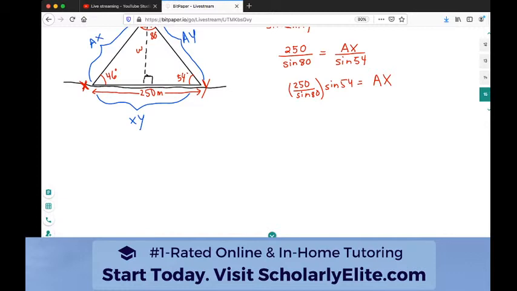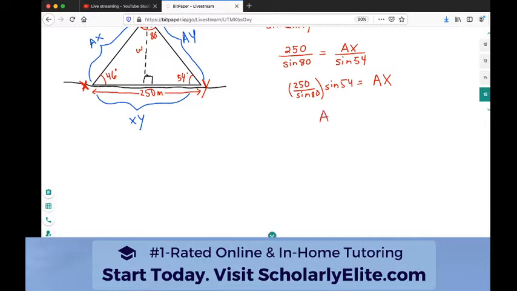So anyways, I'm going to go ahead and plug this in. So 250 divided by sine of 80 times the sine of 54. And we're going to get 205.37.